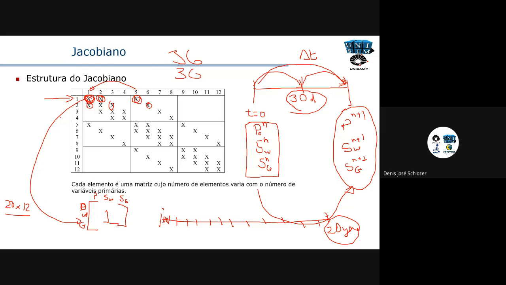I'm going to talk a little bit about this time step selection here. This is not an issue today because the commercial simulators today calculate the time step automatically. But in the past, we used to have to select the time step.